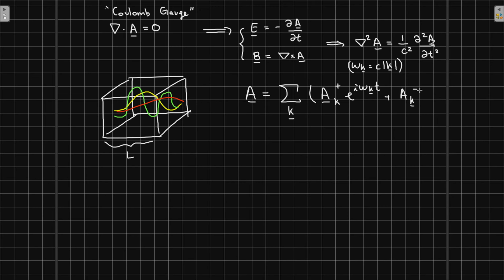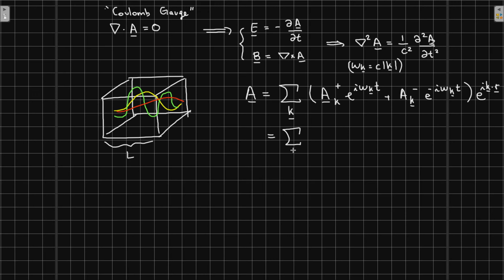Plus a_k- e to the minus i omega_k t. Okay, so this defines a wave traveling to the right, so in the positive k direction, while this defines a wave traveling to the left in the minus k direction. And of course, we have to multiply this by the real space factor e to the i k·r.